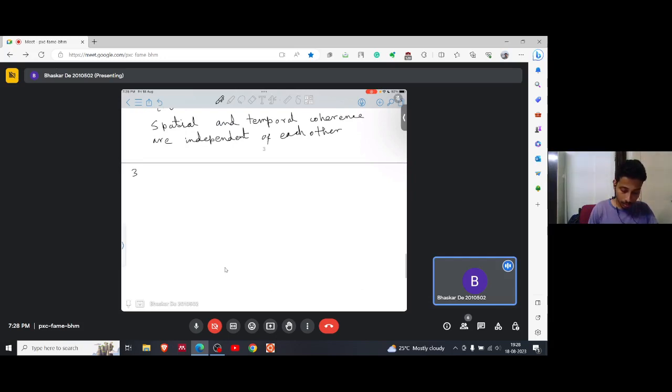Now the third property of a laser beam is directionality. Directionality is a direct consequence of the active medium being placed in a resonant cavity. So from the resonant cavity the beam emits in a particular direction.